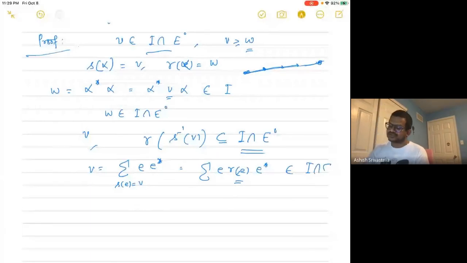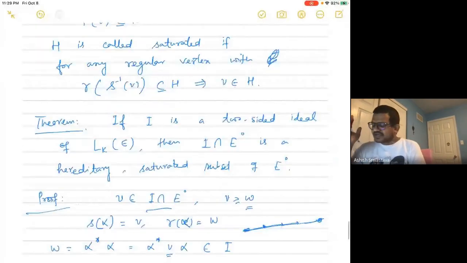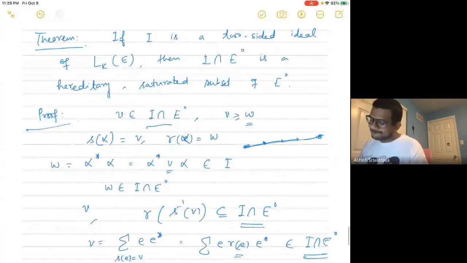So we are done. That shows if I is a two-sided ideal, then I intersection E naught is a hereditary saturated set.